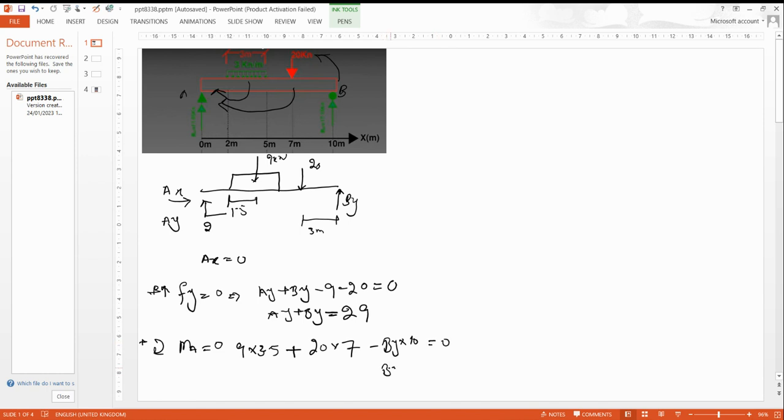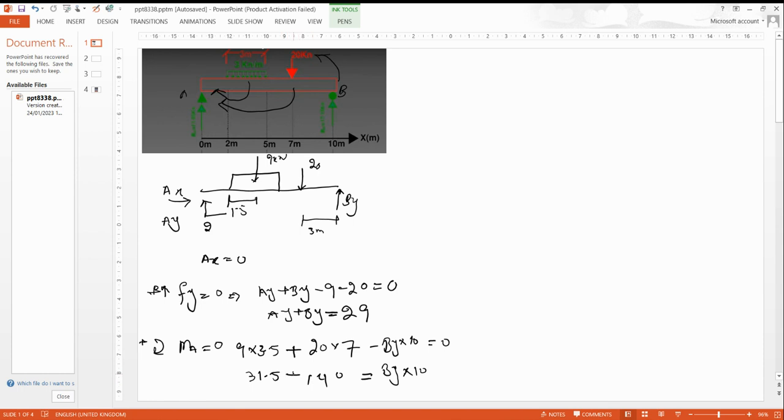By goes to the right side, so it's 10 By, and the other is 20 multiplied by 7, so it's 140, and 9 multiplied by 3.5, let me calculate it, 3.5 multiplied by 9 is 31.5.